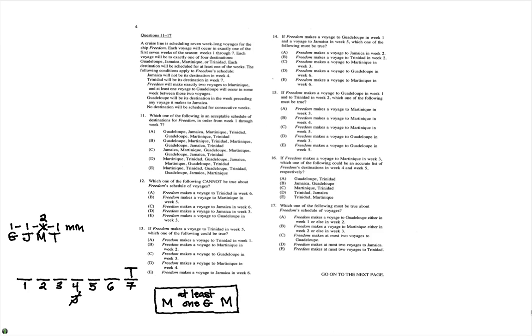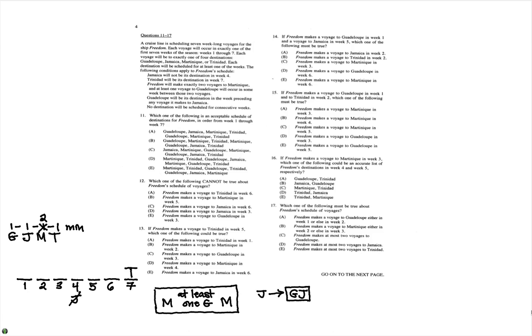The next rule tells us Guadeloupe will be its destination in the week preceding any voyage it makes to Jamaica. So, if we have Jamaica, any, right, introduces sufficient, then we know Guadeloupe is in the week preceding. Well, we have Jamaica at least once.